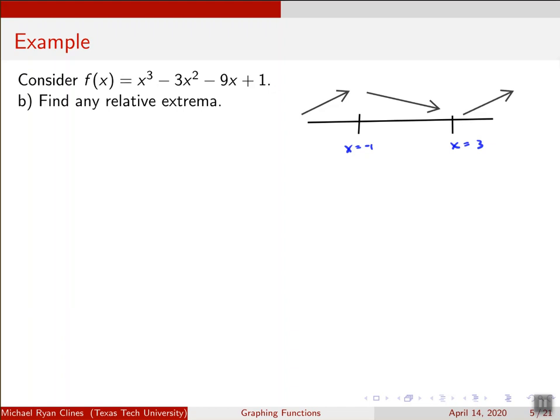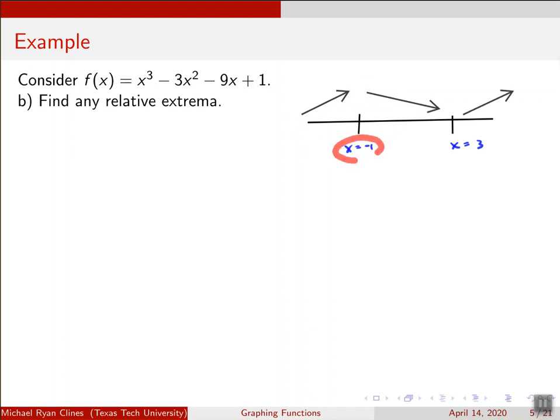Yes, we do. Right here, at x is equal to -1. We know x is equal to -1 is a critical point, and if we look to the left of it, the function is increasing up to that point, so it's rising up to it. It flattens out when it gets there, and then shortly after, it starts decreasing again. So that's why I did this the way I did. I didn't just use pluses and minuses. I actually drew these arrows because it visualizes going up, stopping, and coming back down.